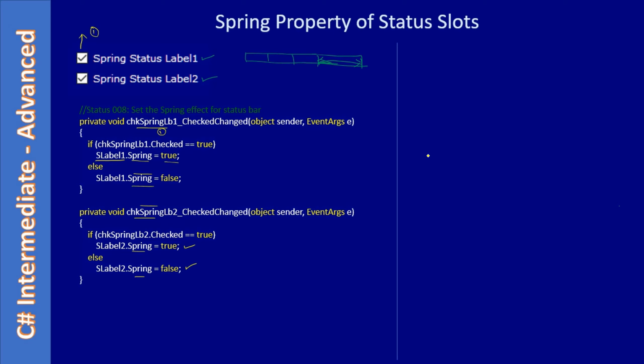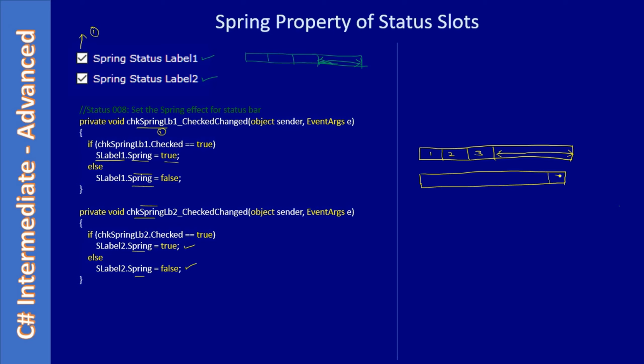So as already told, this is the StatusStrip control, slot 1, slot 2 and slot 3. So this space is unoccupied space, and when we set the Spring property for label 1, what happens is the space for these 2 is fixed.